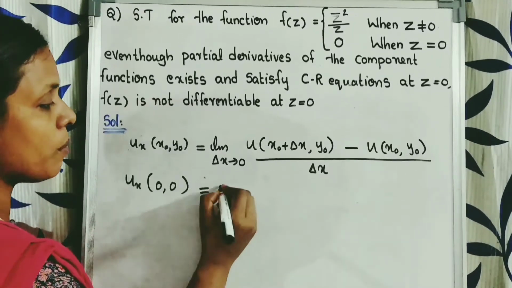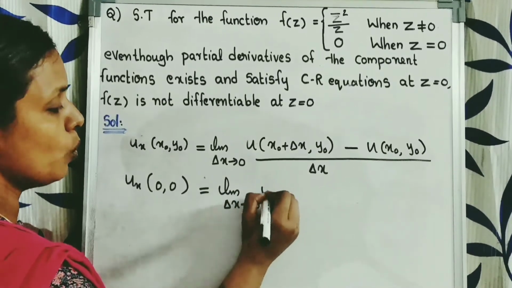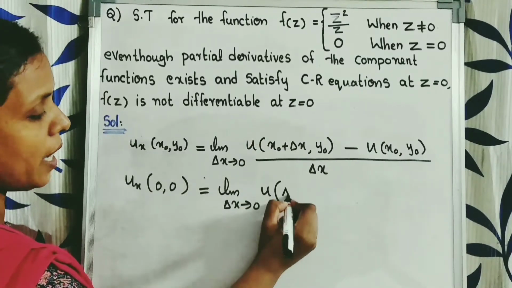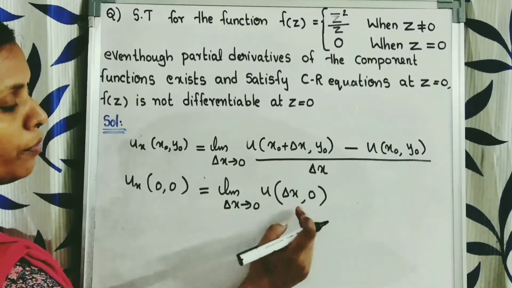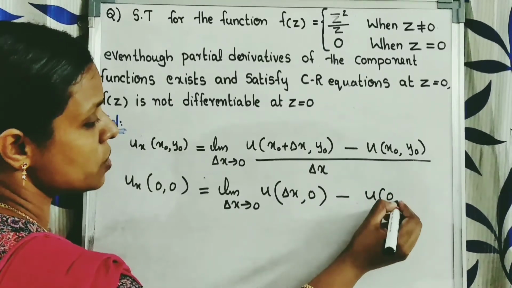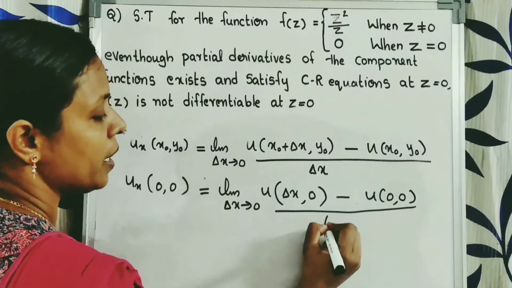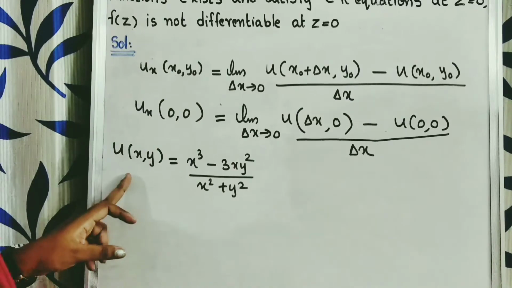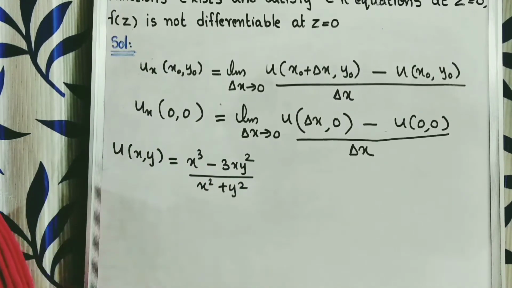That is equal to the limit as delta x tends to 0 of [u of (delta x, 0) minus u of (0,0)] divided by delta x. Clear? We know that u of x,y is equal to (x cube minus 3xy square) divided by (x square plus y square).